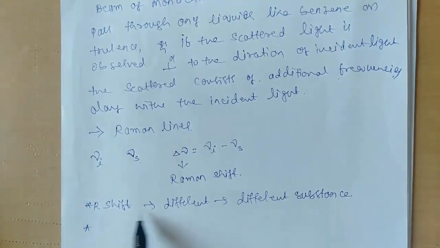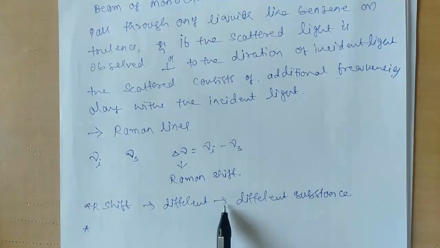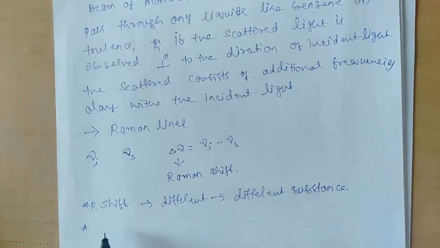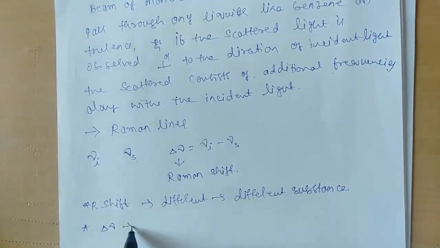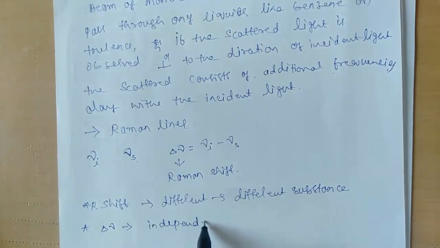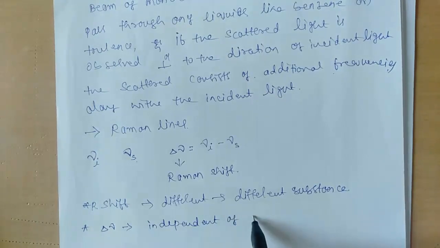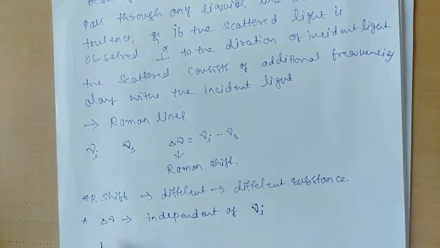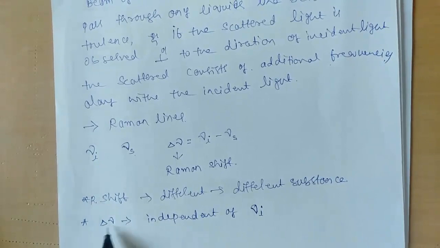Raman shift is different for different substances, and Raman shift is independent of the frequency of the incident light. That is, the shift you have calculated, delta nu, is independent of the frequency of the incident light.